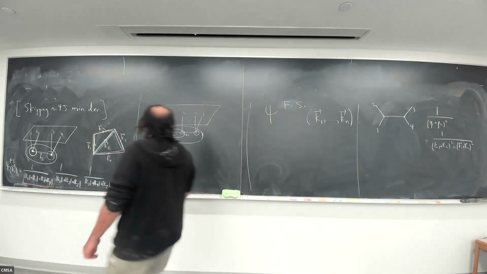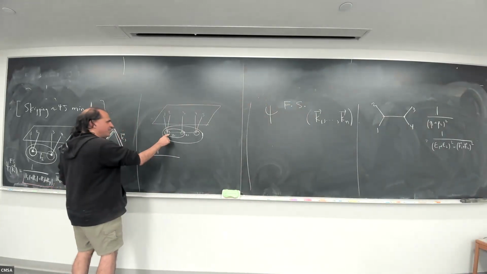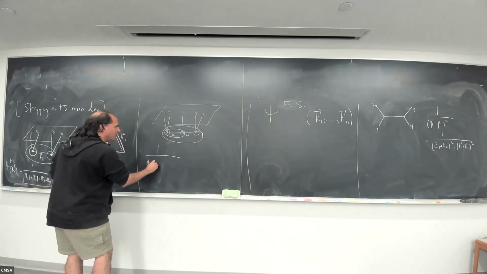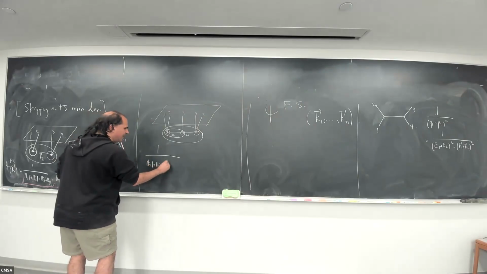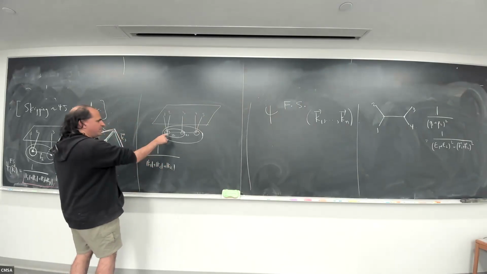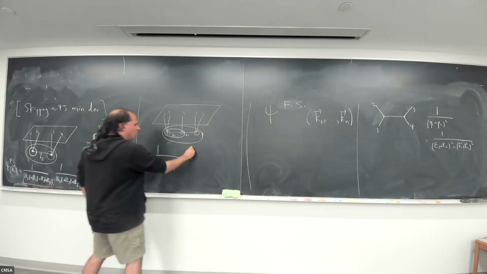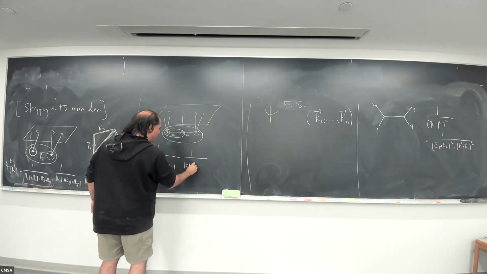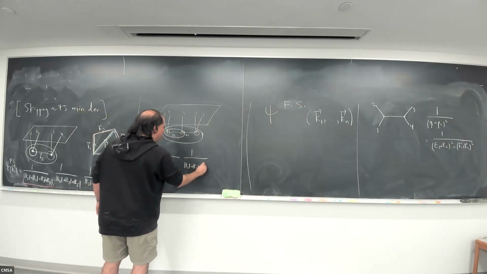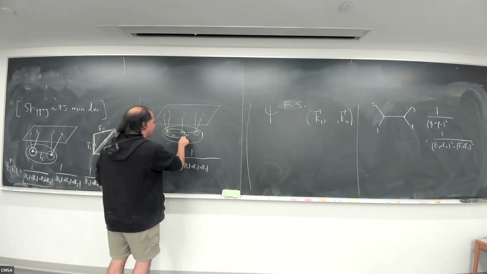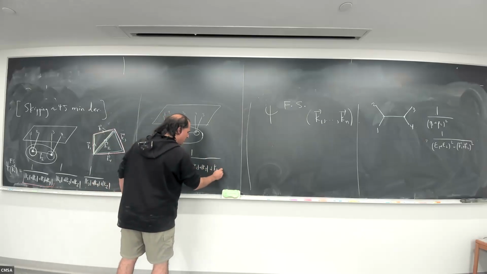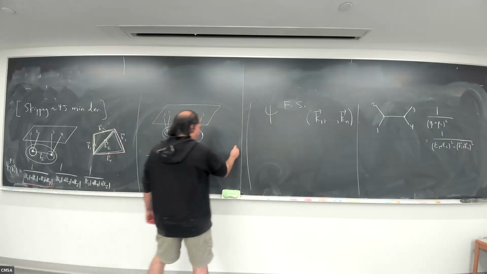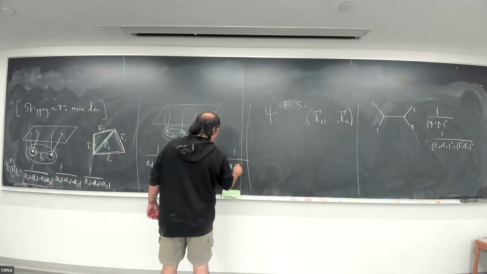And so this is 1 over, from here, K1 plus K2 plus K1,2. From this guy, I have 1 over K1 plus K2 plus K3 plus K1,2,3. From this guy, I have 1 over K4 plus K5.